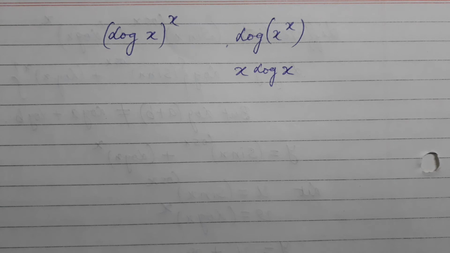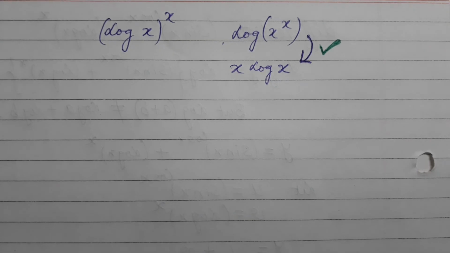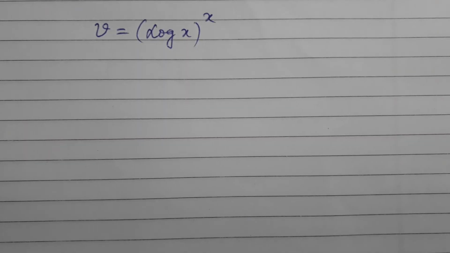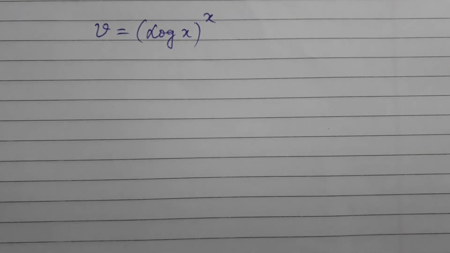So in that second function, the power x will come out and multiply with the log. But for the first function we cannot write like that. So therefore don't think that the power x will come out. Hence we need to apply log on both sides.